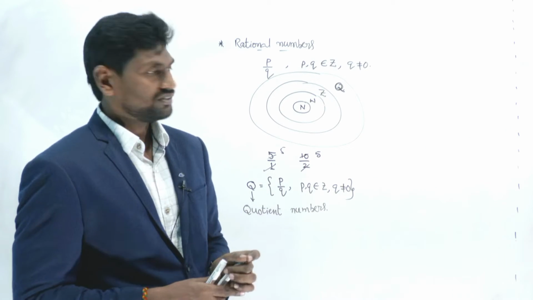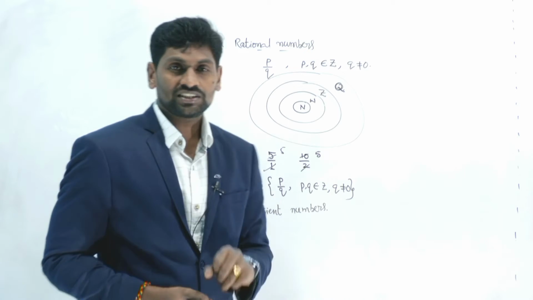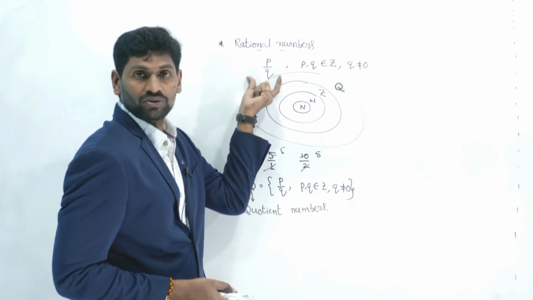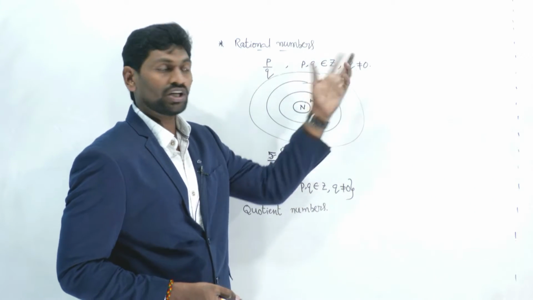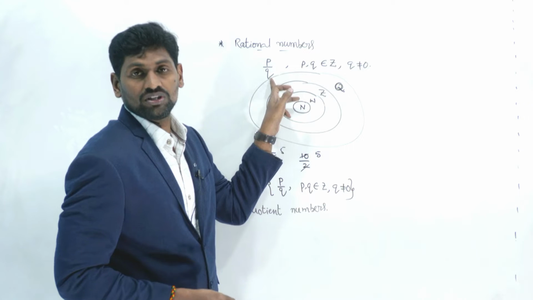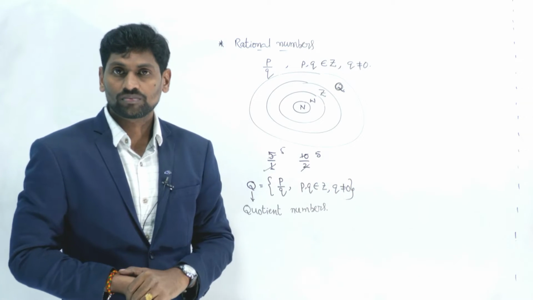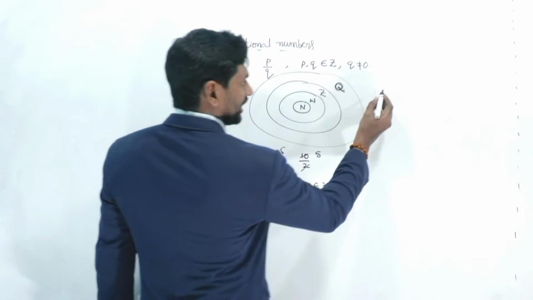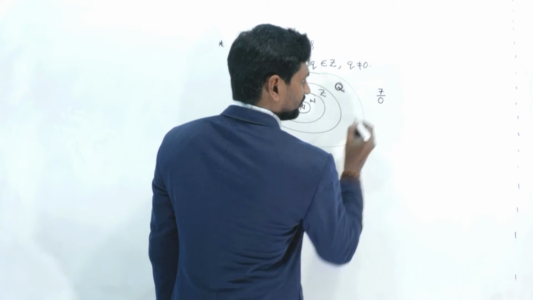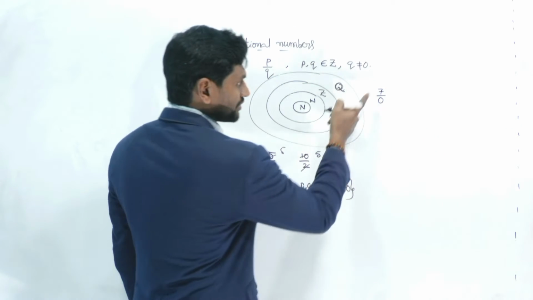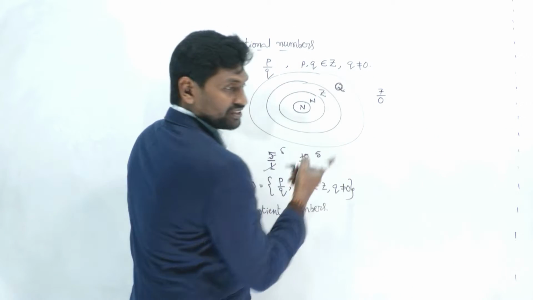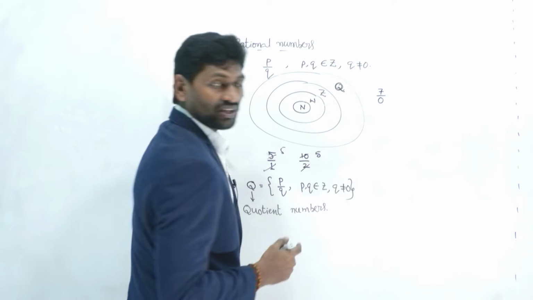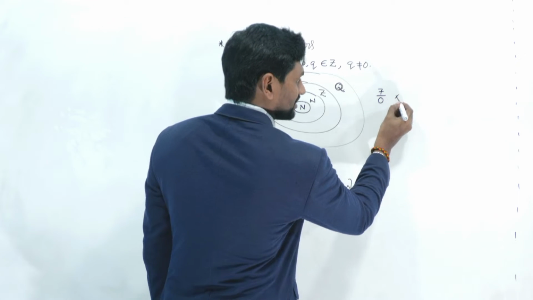So rational numbers are in the form of P by Q, and P and Q are integers, Q not equal to 0. If Q becomes 0, we cannot define that value. For example, let us take 7 by 0. It is also in the form of P by Q. P means 7 is an integer, 0 is also an integer, but it does not exist.